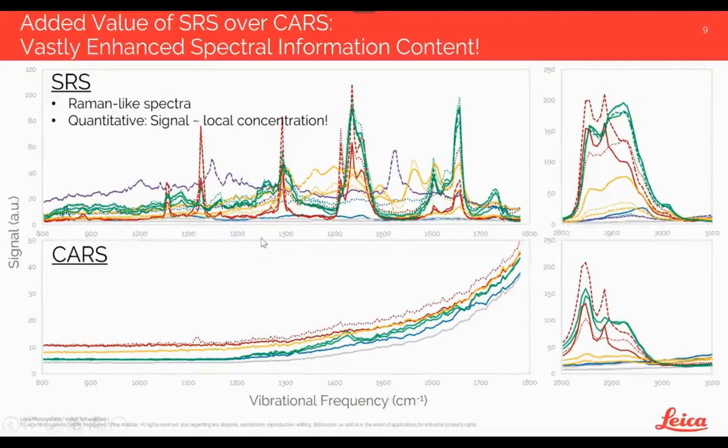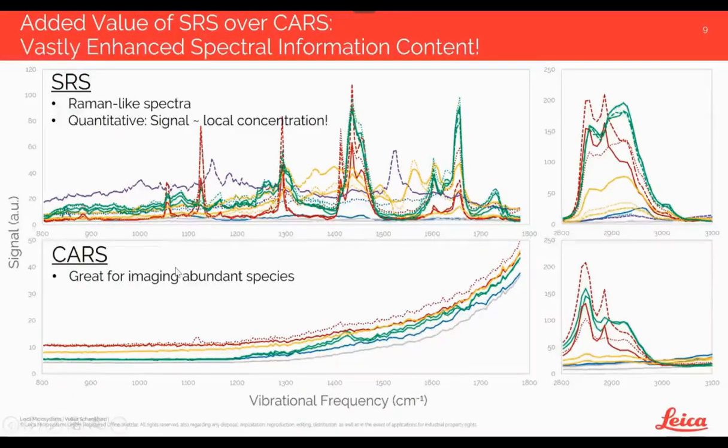Now, the conclusion from that kind of data is that SRS provides Raman-like spectra, and in addition, it can be shown mathematically that those spectra can be used for extracting quantitative information, because the signal strength is actually directly proportional to the local concentration of molecules in your laser focus.